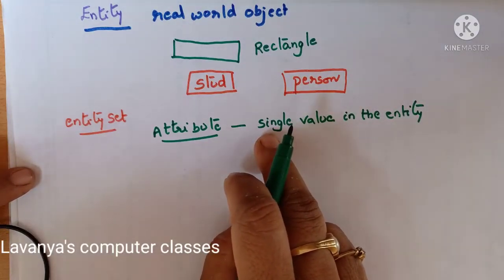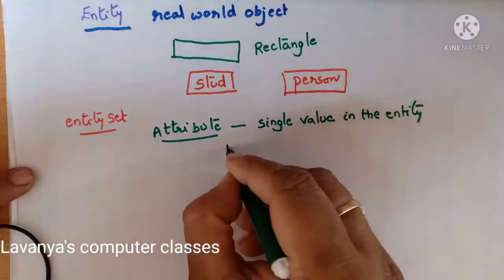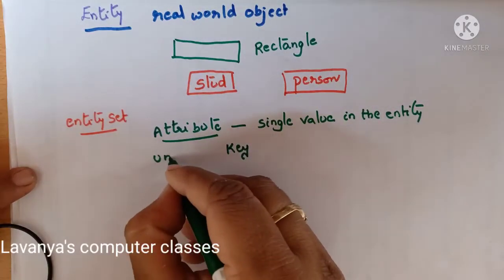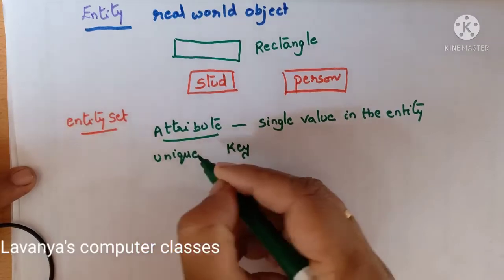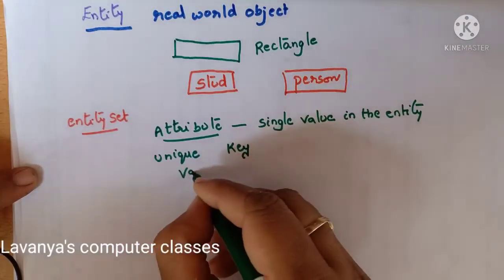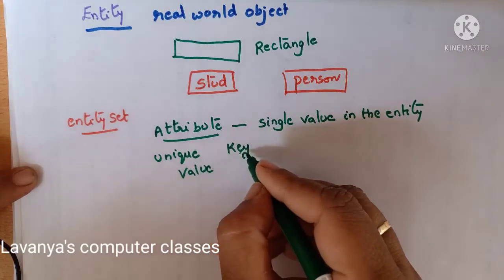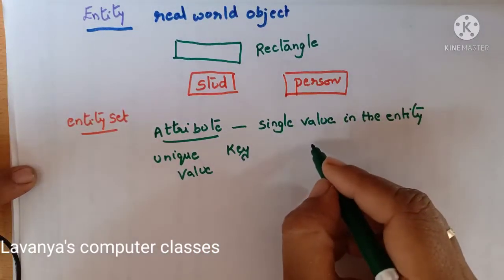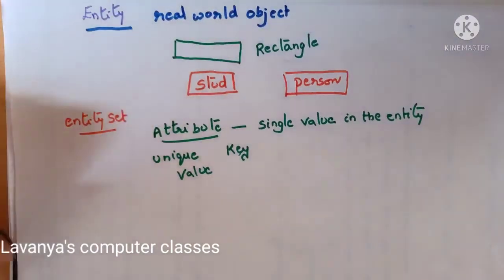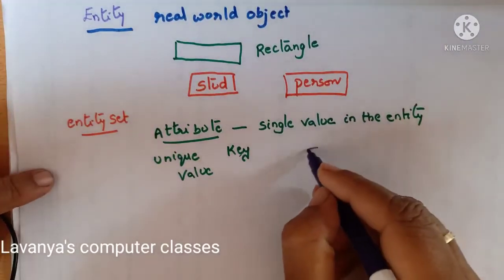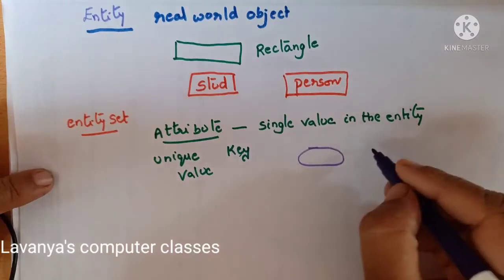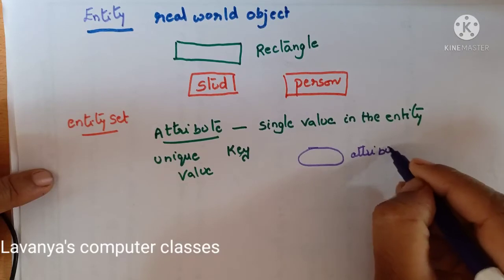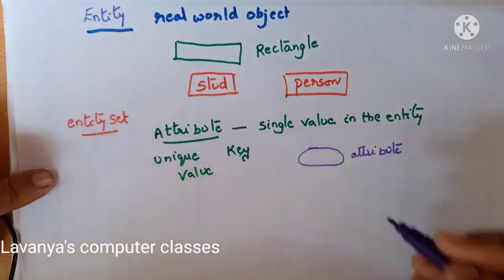The unique value of an attribute is known as a key also. The attribute which contains unique values is also known as a key. So in an ER diagram, which symbol is used for representing an attribute? That is the ellipse. Ellipse is used for representing attribute. So rectangle is for entity set, ellipse is for attribute.